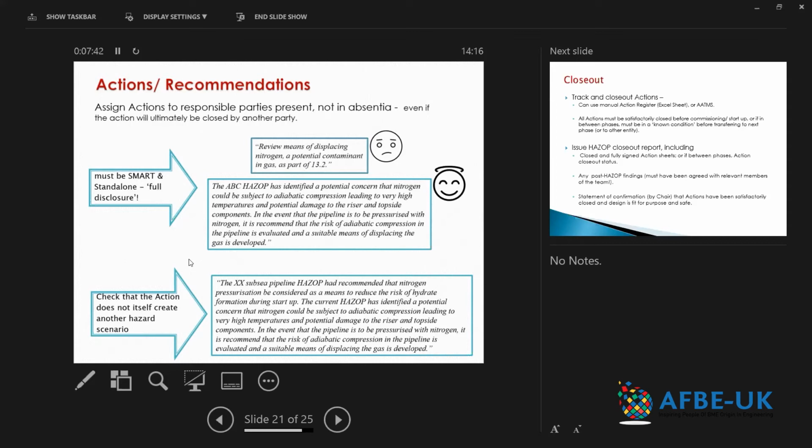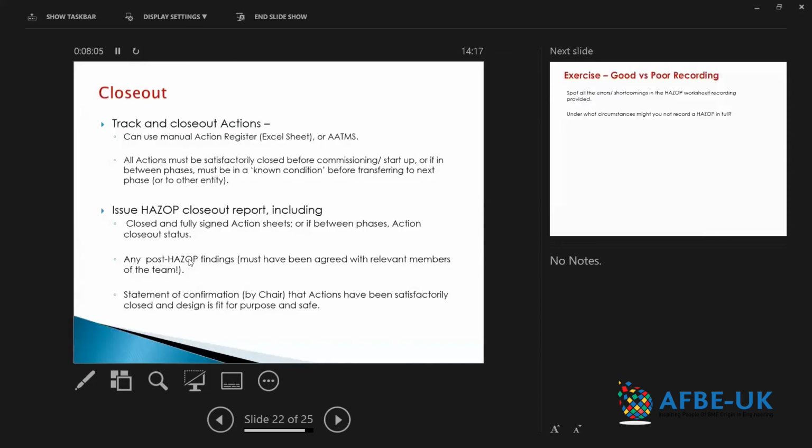So the process engineer, or maybe the mechanical engineer, can take that away and say, right, I'll give this to the materials engineer and explain the context, and the materials engineer will close it. But the responsible person for that action, of course, will be the person in the room who has taken away the action. So that's another thing to look for.